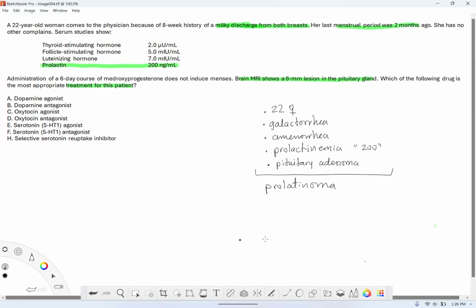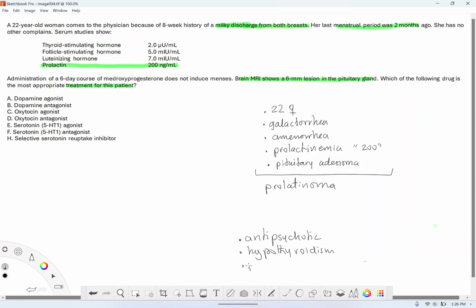But let's say hyperprolactinemia. The main causes of hyperprolactinemia are what? The main differential diagnosis is antipsychotic use, like haloperidol. And it can be hypothyroidism.